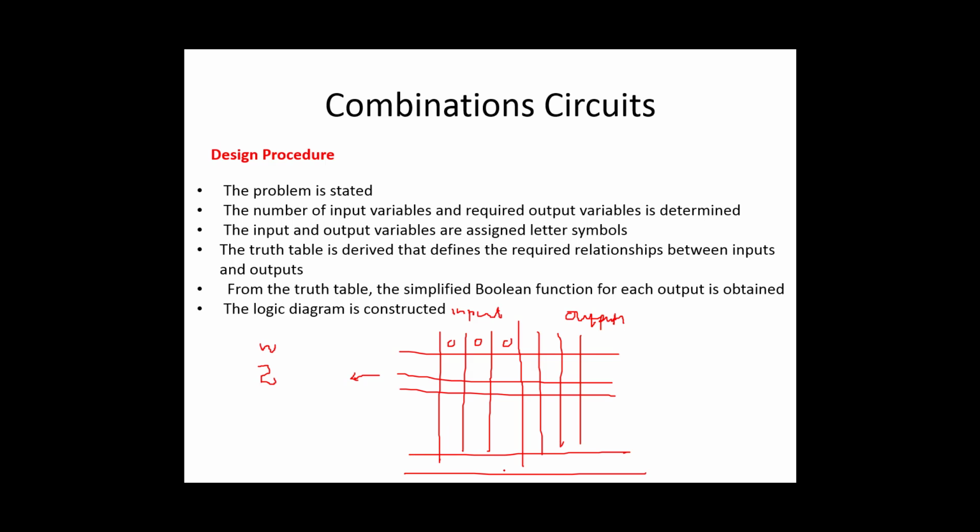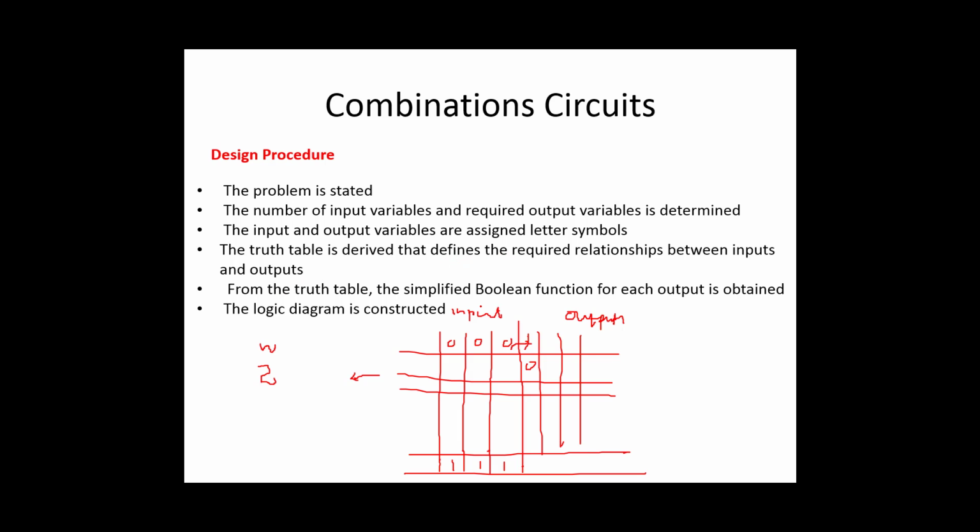So it is a kind of brute force approach in which we list all possible binary combinations at the input of a combinational circuit, and for each binary combination the corresponding value of the output variable is listed. If it is 1, then 1 is written, else if it is 0, then 0 is written.